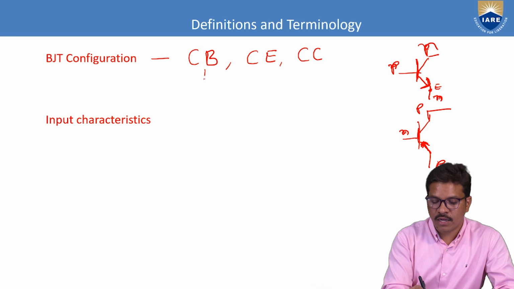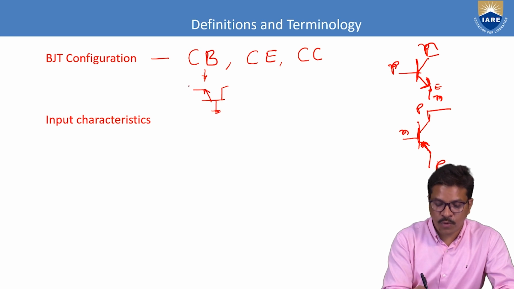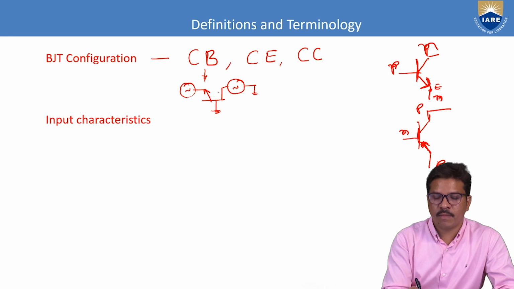Let us take one example. If you take this symbol, base is connected to ground, emitter is connected to input, and collector is connected to output, then this is called common base configuration. The input is given between emitter and base, and the output is measured between collector and base.